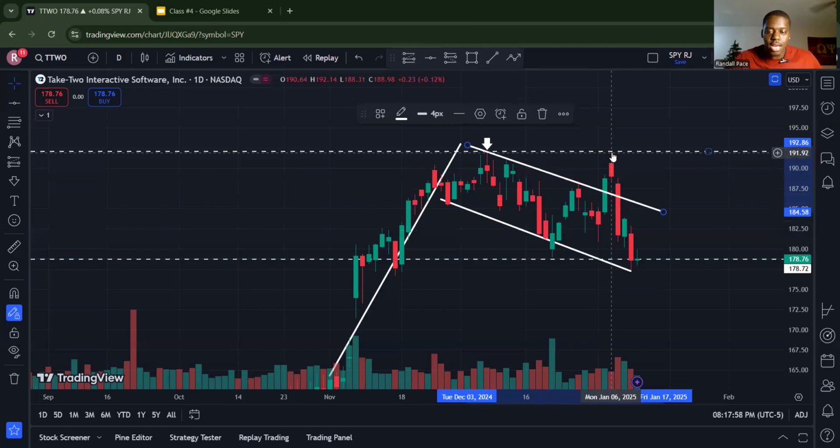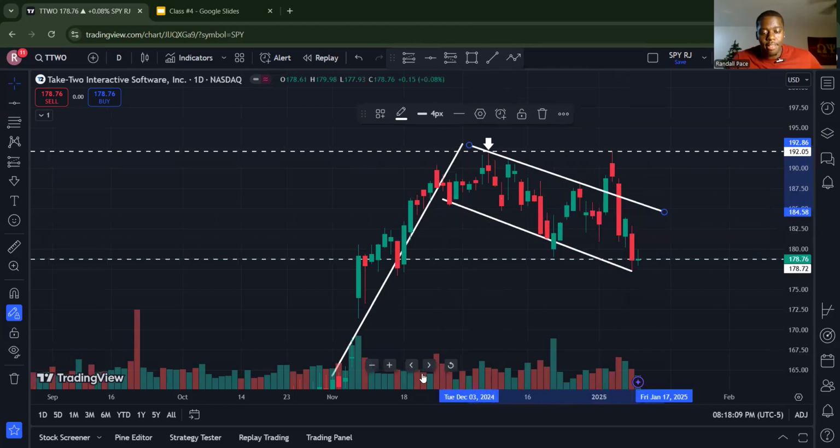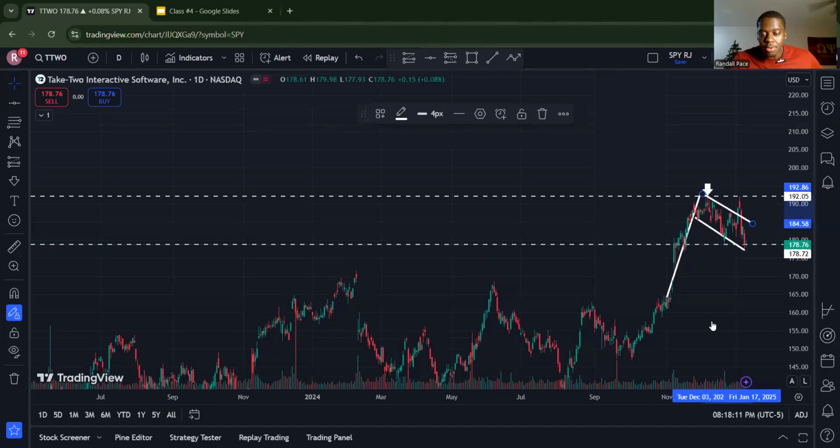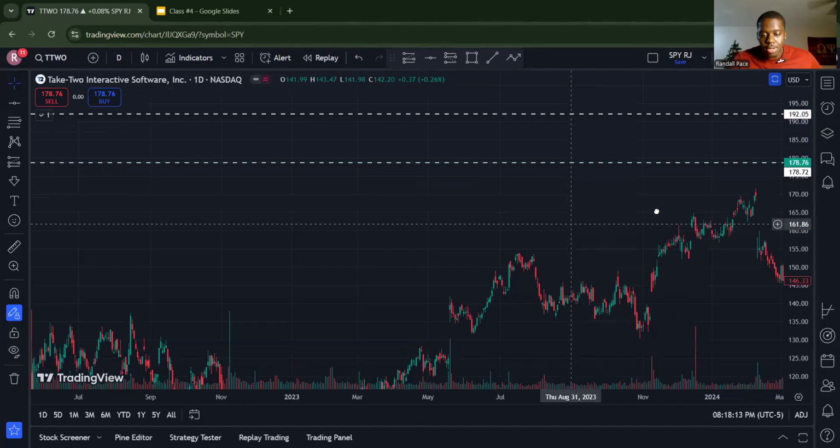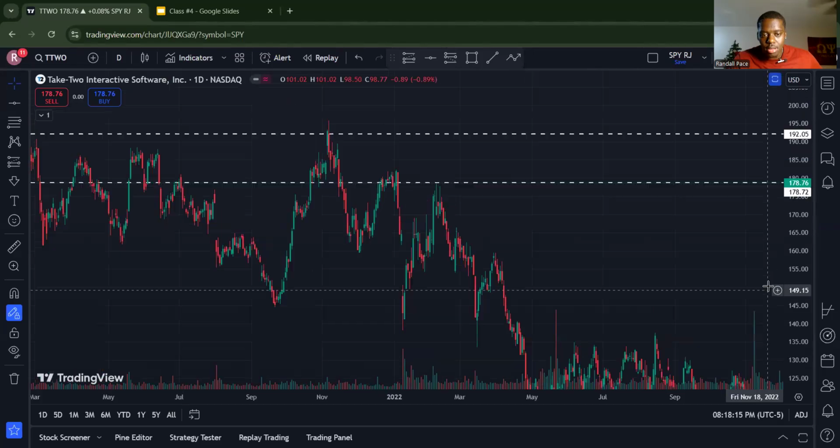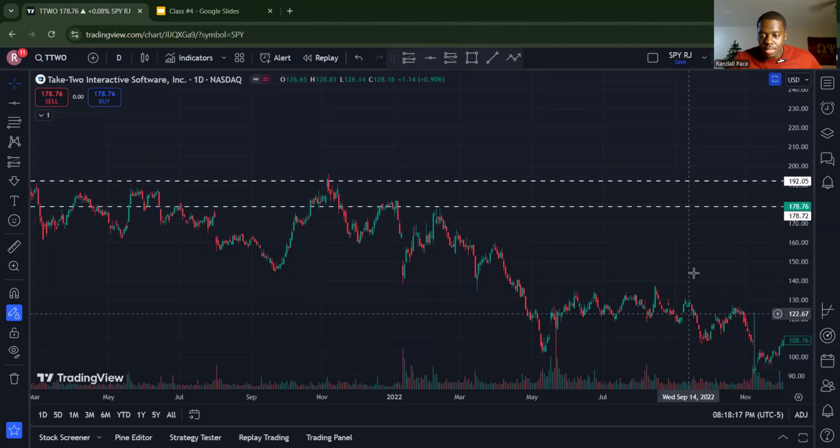So this one got up to the high point and couldn't really break out. Yeah, this one would have been a loss either way. It's just a failed breakout. It had another bull flag pattern that actually played out before, I think.